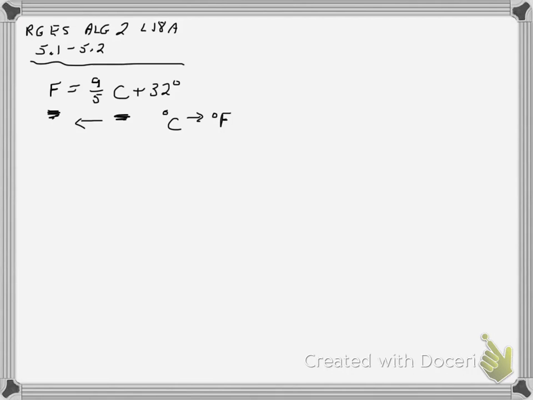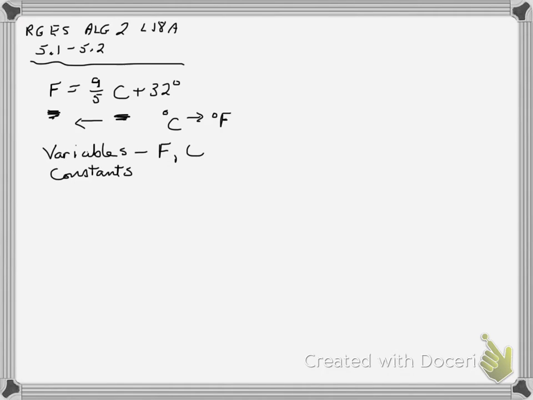Well, we have two variables. Hopefully you do recognize what a variable is. It's a letter that represents a value in algebra, and our variables are F and C. Our constants are only numbers. Sorry for that terrible writing there.